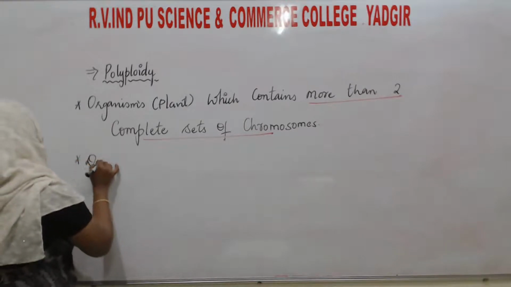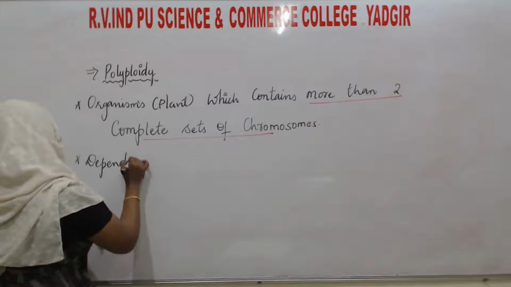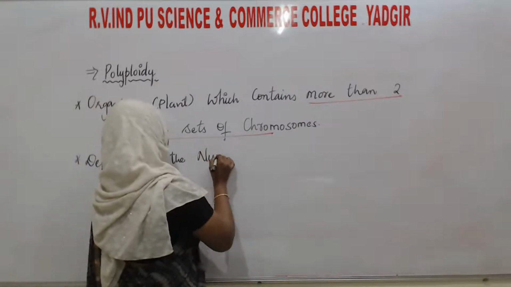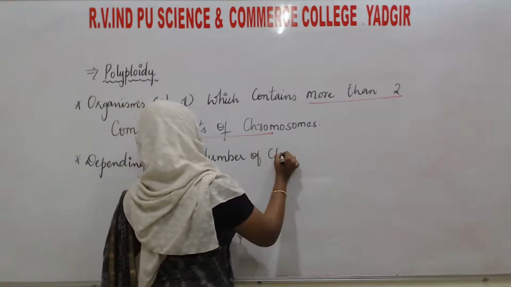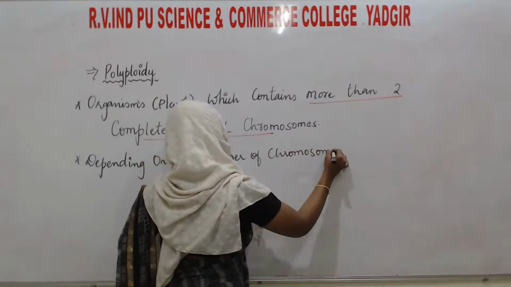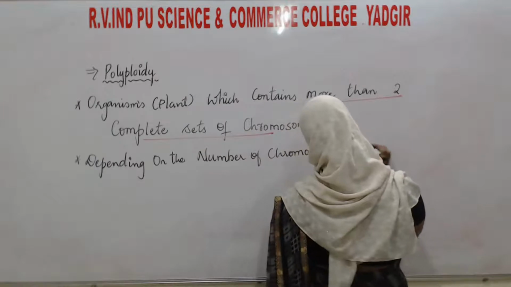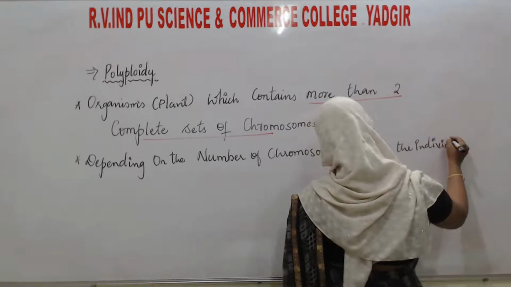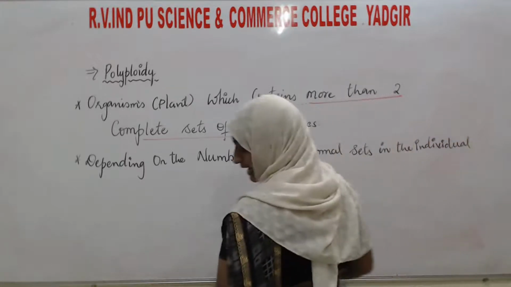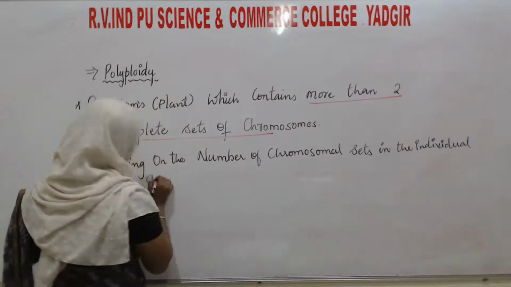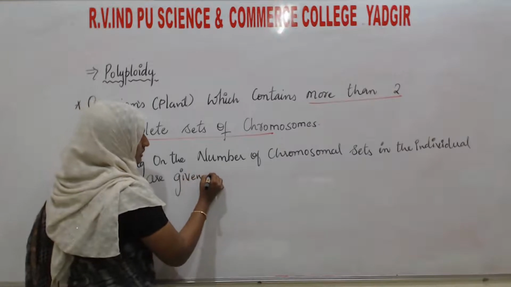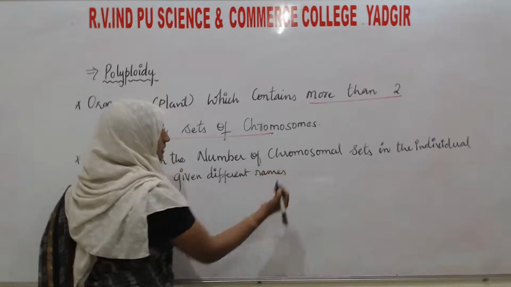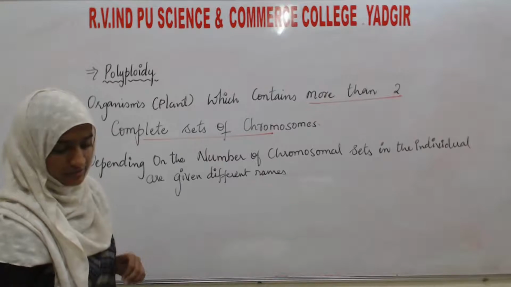Depending on the number of chromosomal sets in the individual, they are given different names. And what are the different names?